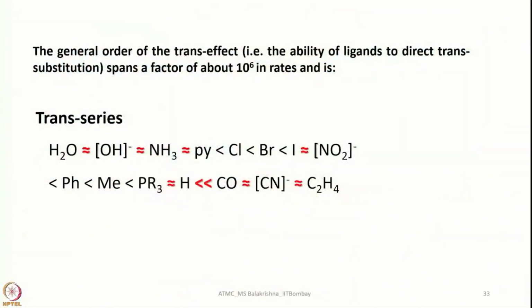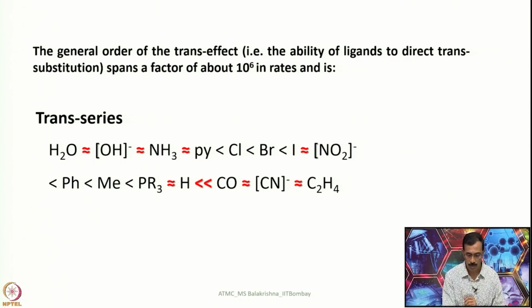So the general order of the trans effect, that means the ability of ligands to direct trans substitution, spans a factor of about 10 to the power of 6 in the rates. That means their influence is remarkable. You can see to what extent this trans effect has an influence on the substitution reactions in square planar complexes.